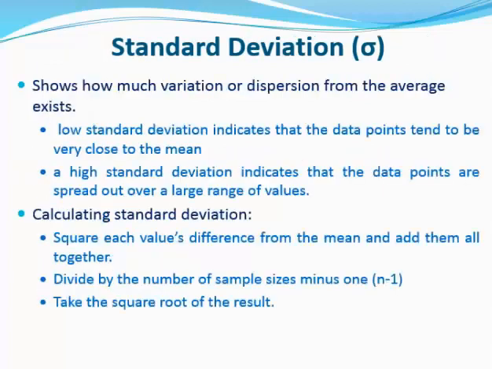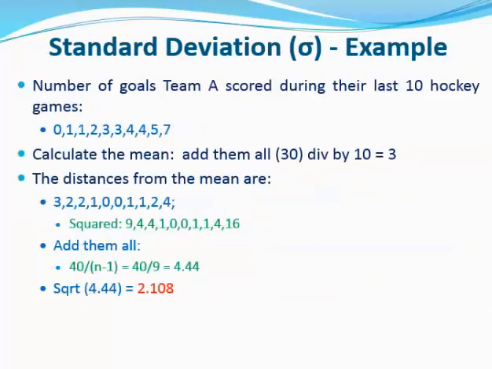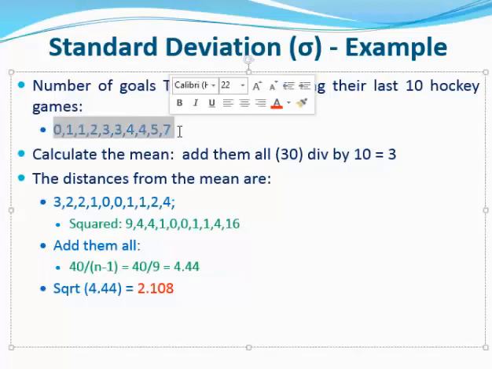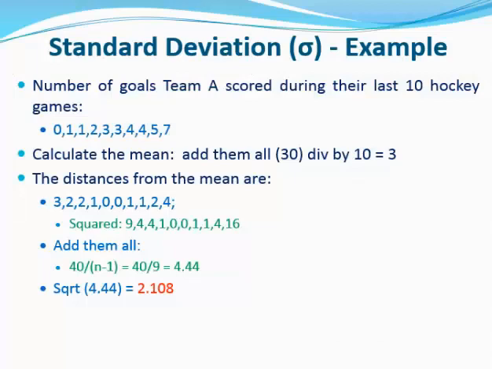Remember, the first step is to square each value's distance or difference from the mean, multiply that by itself. But in order to figure out the difference from the mean, you have to figure out the mean. So you got to add them together and divide by the number of samples. If you add all these numbers together, you get 30, and there are 10 samples altogether. 30 divided by 10 is 3. So the mean, the average, is 3.